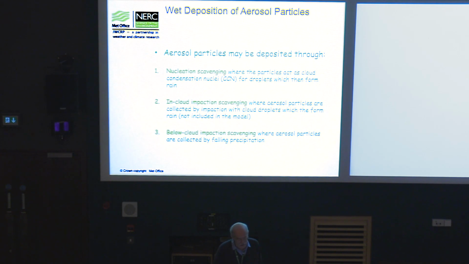There's also in-cloud impaction scavenging, where aerosol particles are collected by impaction with cloud droplets, and that is not included in the model, probably because it's of lesser importance. And there is below-cloud impaction scavenging, where particles are collected by falling precipitation.